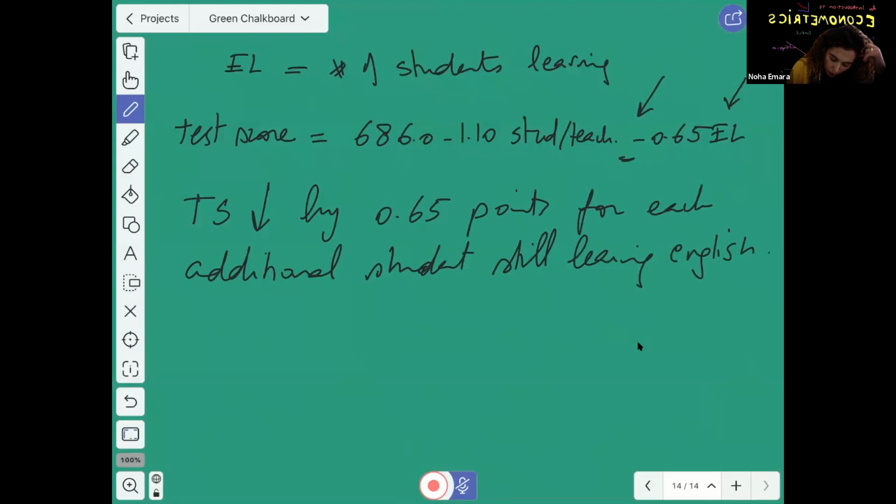So one of the important things to notice is that every time I'm adding an additional variable to a model, like here I'm adding EL, I need to notice what happened to the previously included variables.